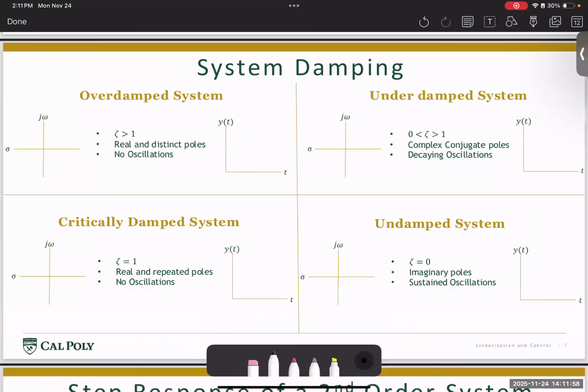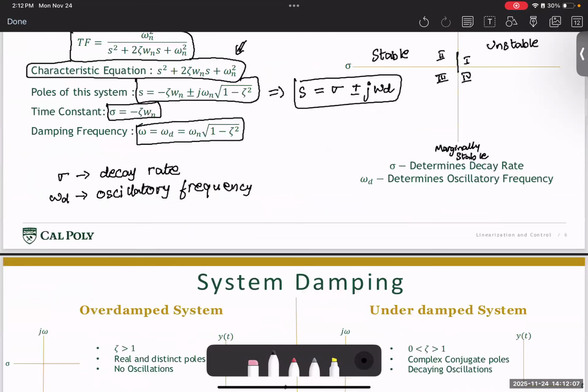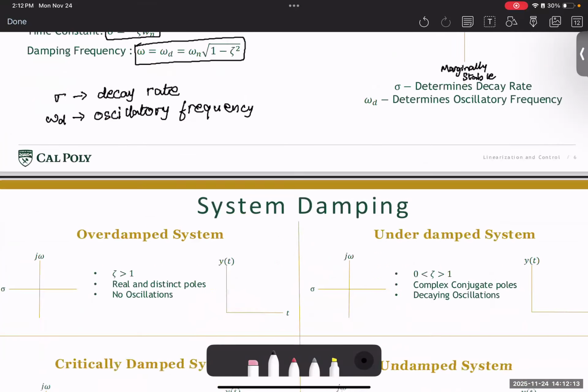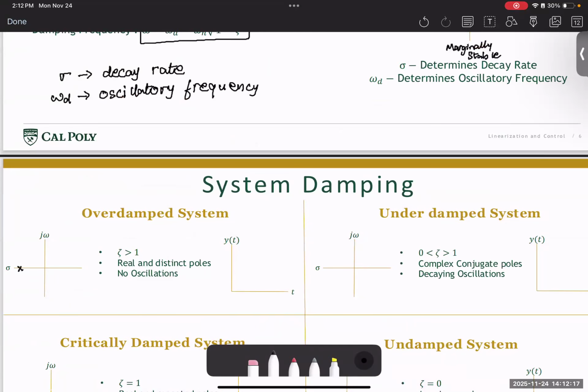Now, let us assume there is a system where the zeta value is greater than 1. If zeta value is greater than 1, then this S equal to sigma plus or minus j omega d corresponds to values such that the poles of the system, or the values of S, end up lying on the real axis.